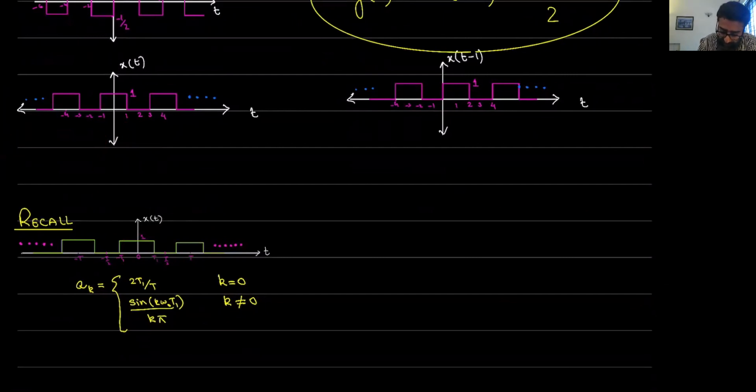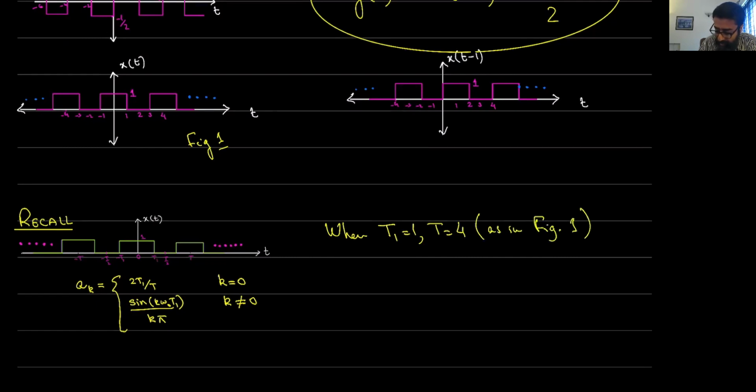So if this is figure 1, when t1 equals 1 and T equals 4, as they are in figure 1, the Fourier series coefficients turn out to be a sub k equals t1 by T, which is just half whenever k equals 0, and sine k omega naught t1 over k pi otherwise.